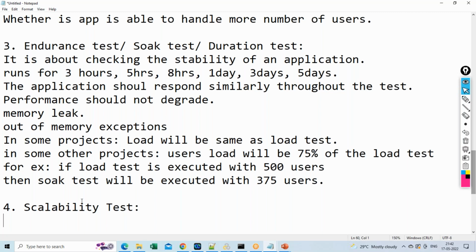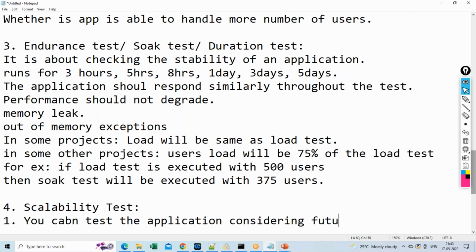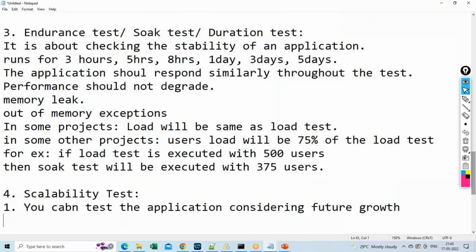So here, the point is, you can test the application considering future growth. Ignore the spelling mistakes, guys. The client will tell you what the growth might be in future, maybe in the next 6 months or 1 year.